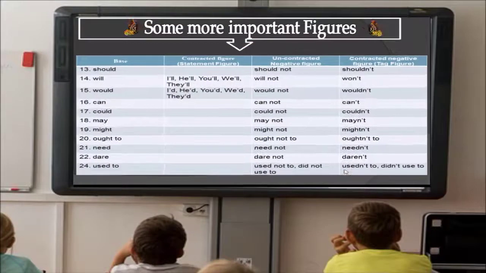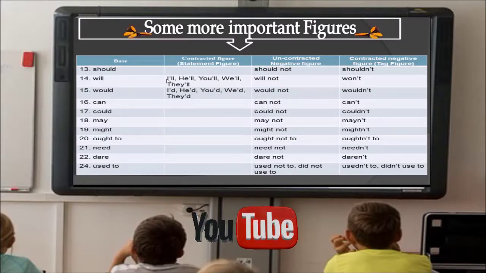Another table. Look at and try to understand. Number 13, should, and the tag figure will be shouldn't, and will, this is very important. Sometimes will is used in contracted figure.